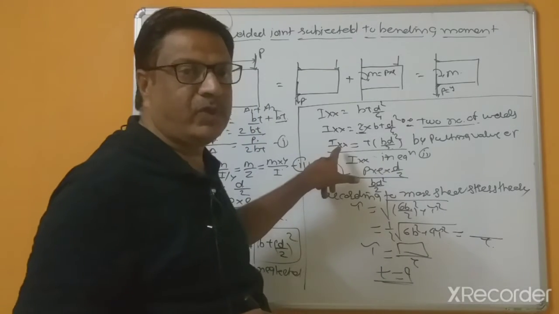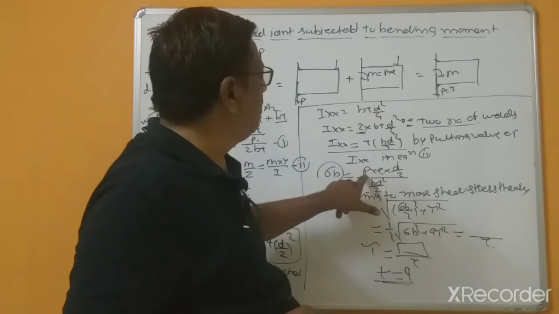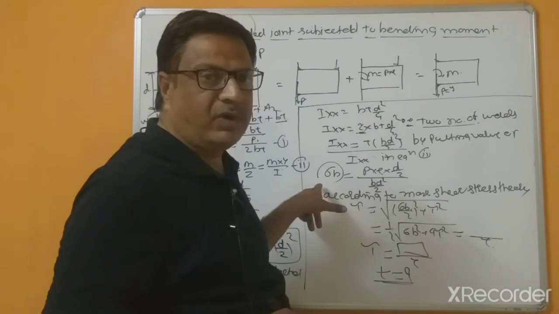So the value of the moment of inertia about the XX axis is to be put in this equation, P into E, divided by I, and we have to calculate the bending stress.